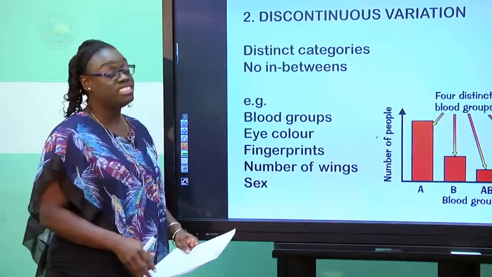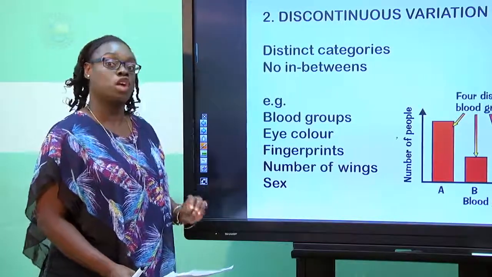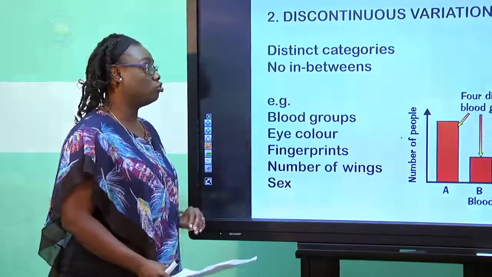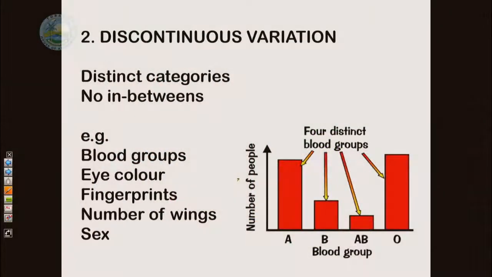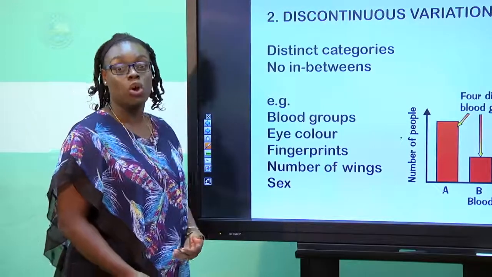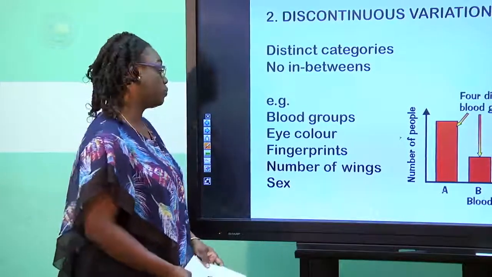However, in discontinuous variation, we have distinct categories. There are no ranges and there are no in-betweens. So for example, blood groups. You are either blood group A, blood group B, blood group AB, or blood group O. There are no ranges or in-betweens between A and B. Also, eye color. In our society, we have dark brown, we have light brown, we may even have black eye color, but there are no other ranges in between.